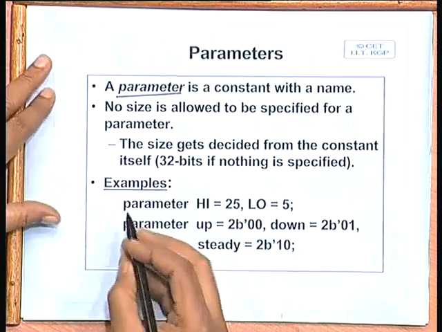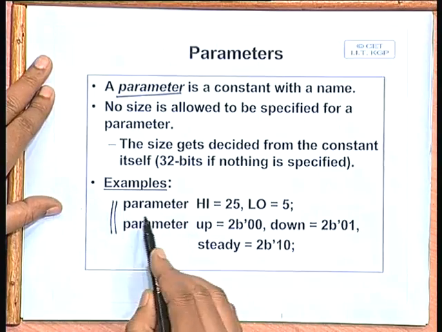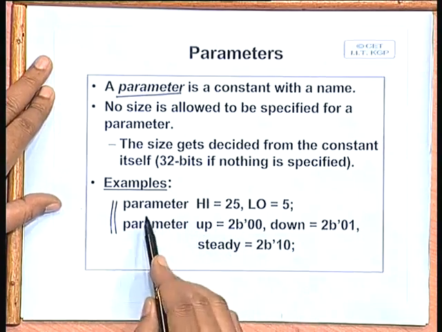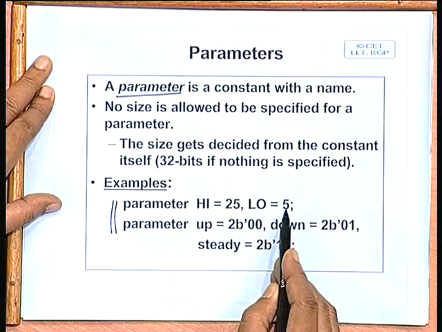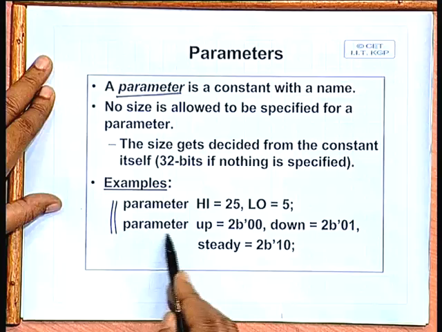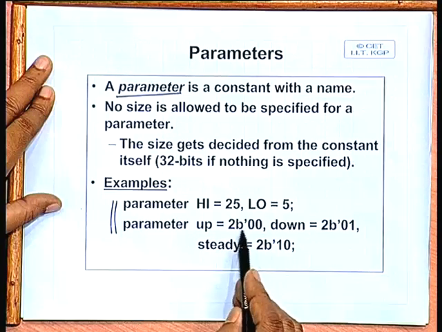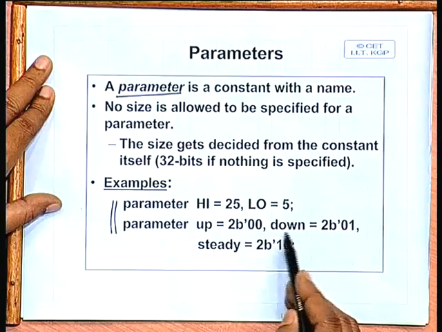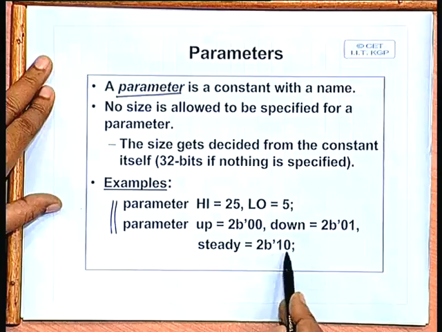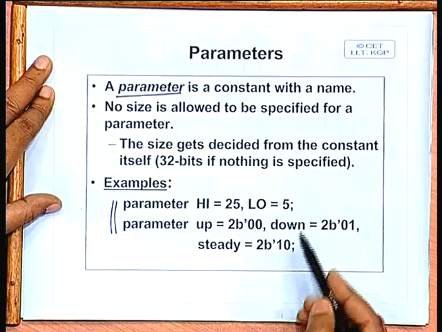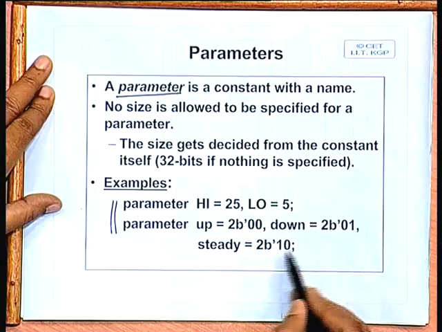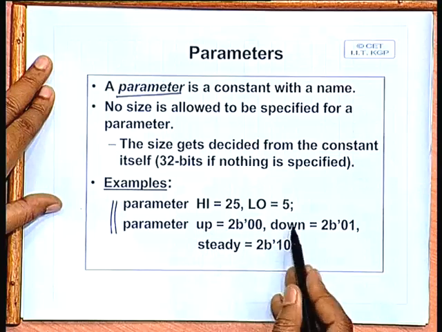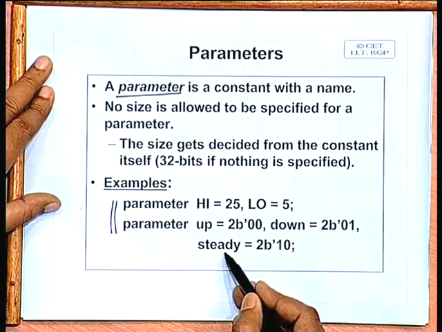For example, these are ways in which you can define a parameter: high equal to 25, low equal to 5, or parameter up equal to 00, down equal to 01, steady equal to 10. In the Verilog code, instead of writing 00, 01 and 10, you can refer to them by up, down, or steady.